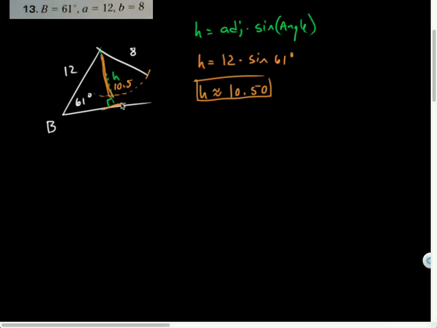So there is no triangle here. No triangle formed. Why that occurred is because it's acute, and the opposite, 8, is less than the height, 10.5. I'm comparing the opposite to the height.